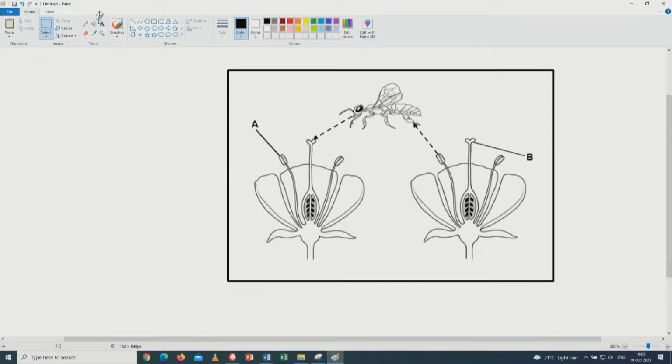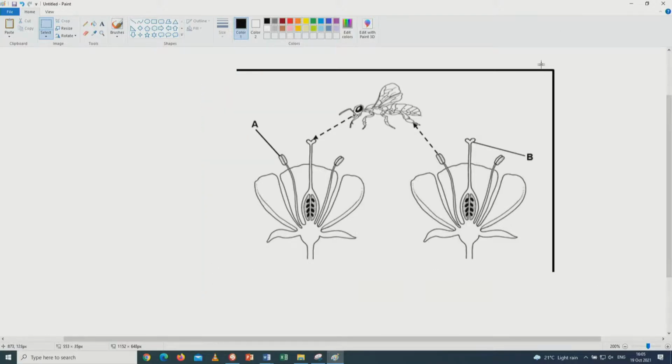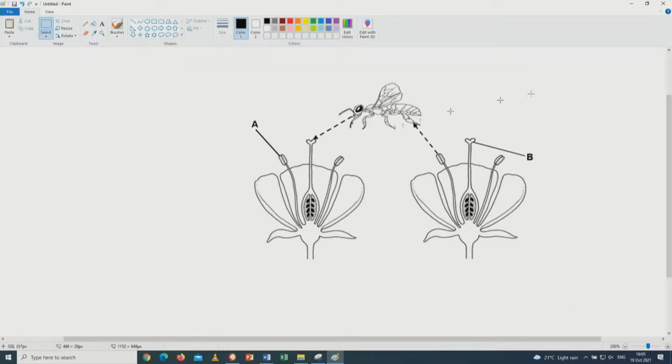Now I can, for instance, choose select. I can, for starters, delete the frame that is here. I don't want the frame. So I delete the total frame that is too thick and doesn't look neat. I want to remove the B now, totally. I want to remove the B, I want to remove those label lines.